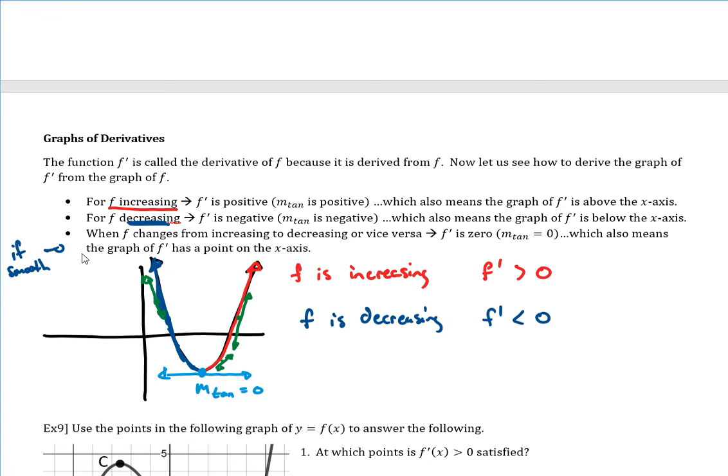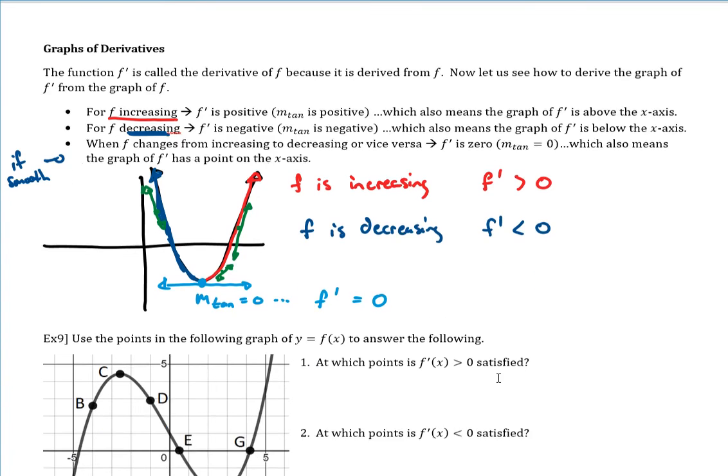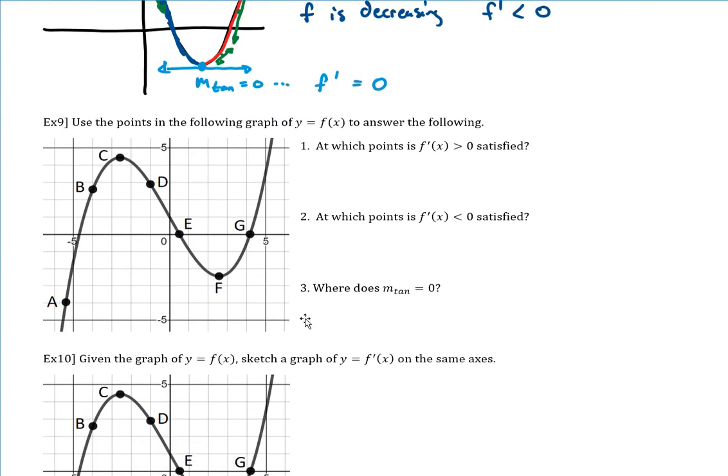So we would have a horizontal line at that point where it reaches its vertex, which also means f prime is 0 at that moment. Which means if we graph the derivative on its own, it would have an x-intercept there.